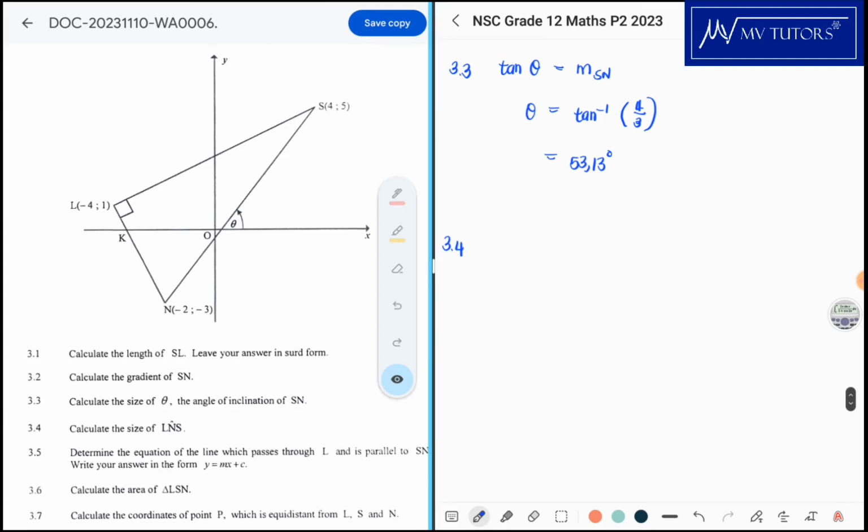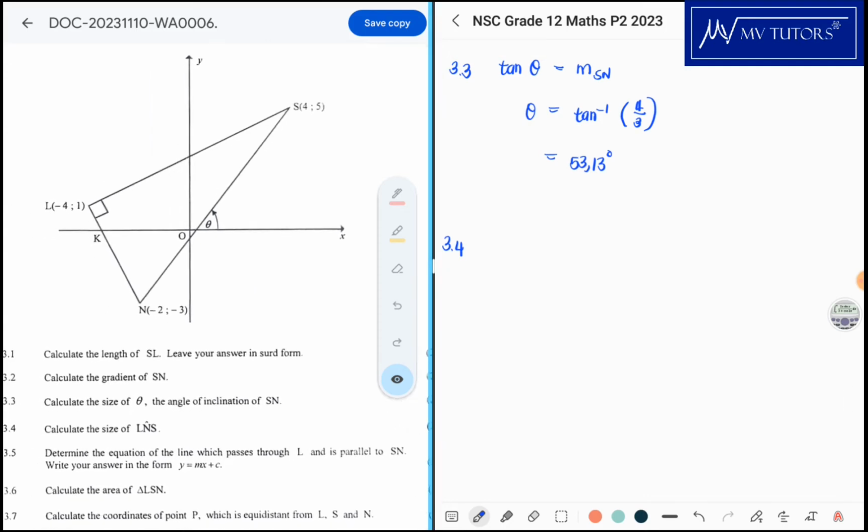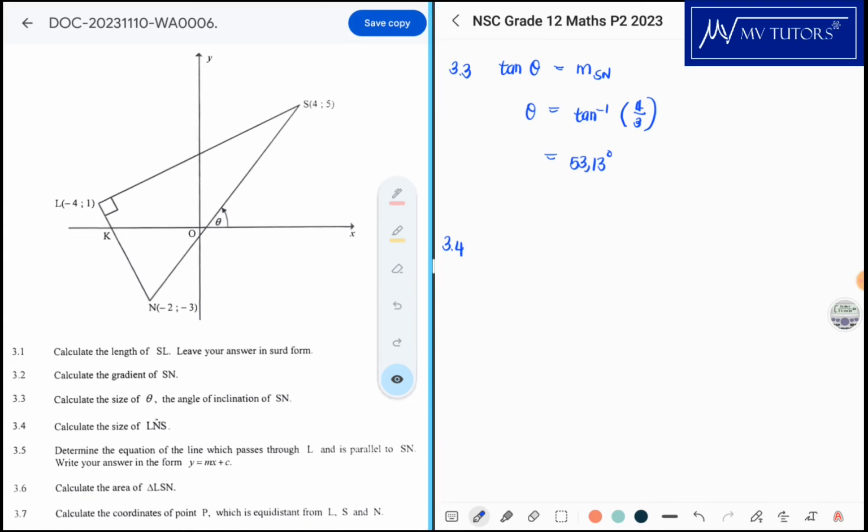Do it rather quickly. Let's see how many marks. 3 marks, so you shouldn't be wasting time here. So the distance of SN: x coordinate of N, which is -2, minus the x coordinate of S, which is 4, squared. I'm not even going to write the equation down.